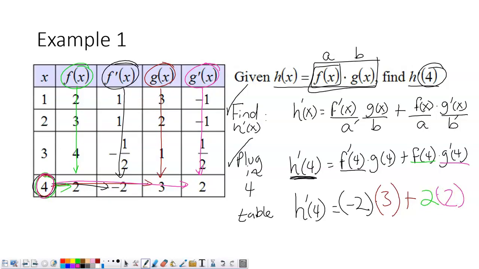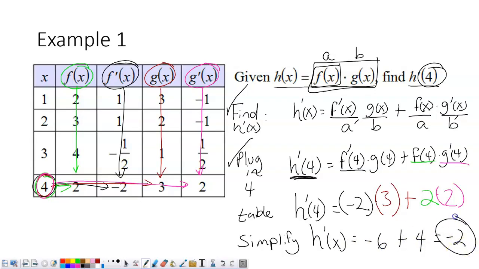And now we just have to simplify what's left. So negative 2 times 3 is negative 6, plus 2 times 2, which is 4, comes out to be negative 2 as my final answer. Okay, so that's what we call the product rule and doing it with a table.